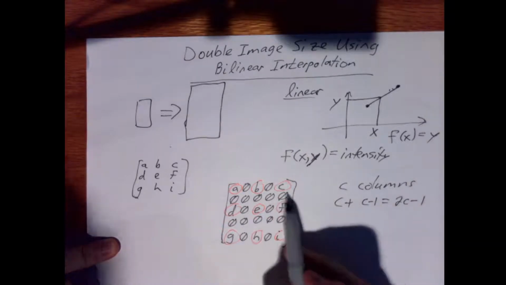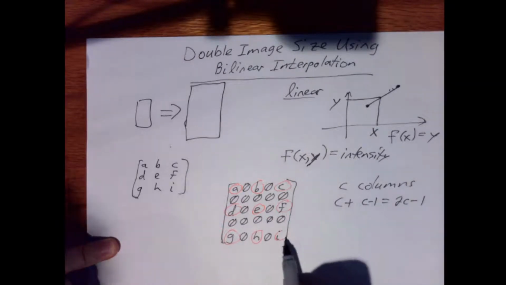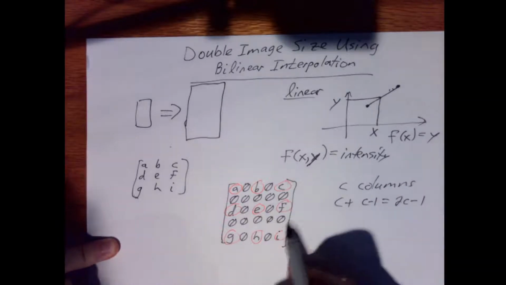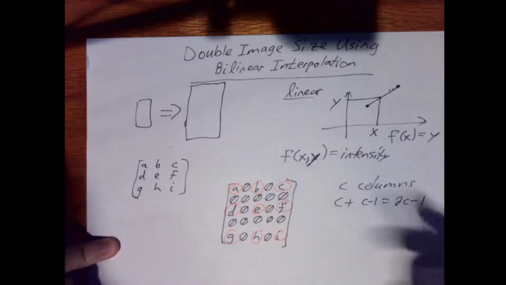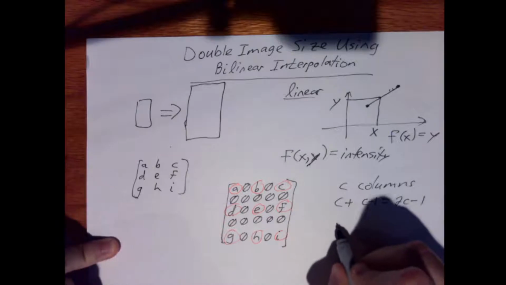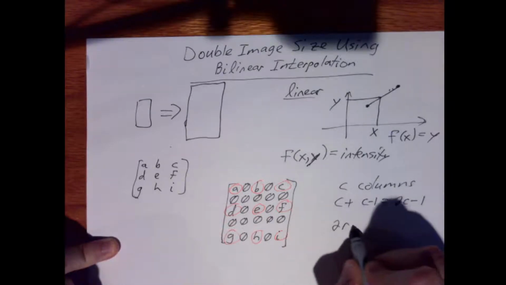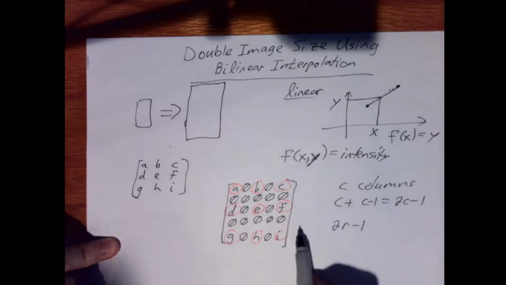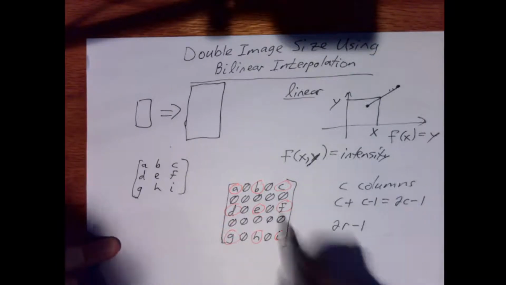And likewise for the rows, here's C, F, I, that's 3 values. I have 1 less intermediate values, so that will end up being 2R minus 1 rows in the new image. And once again, it doesn't have to be square, that's just how I happen to write it.